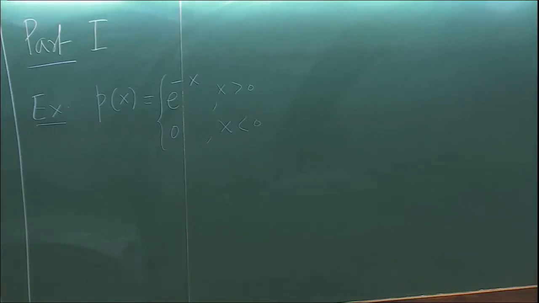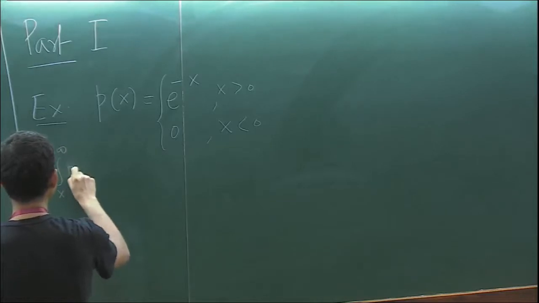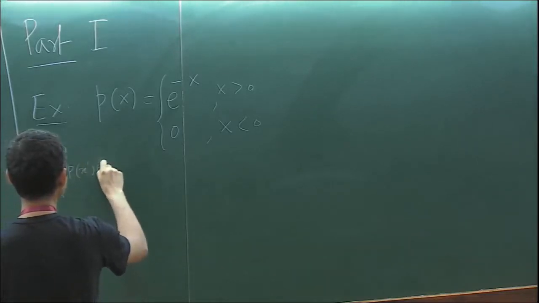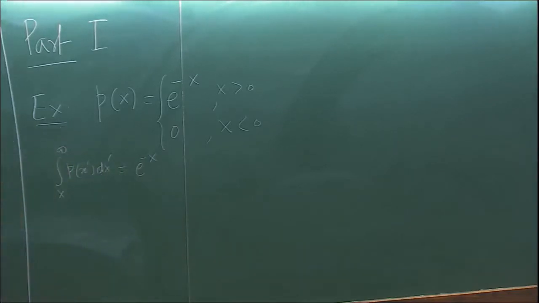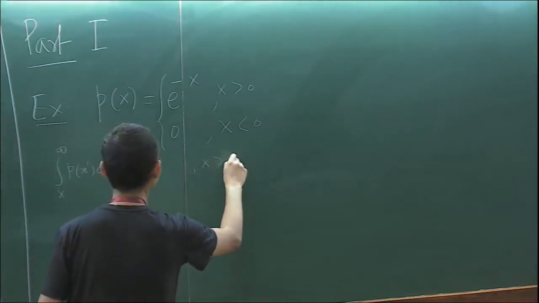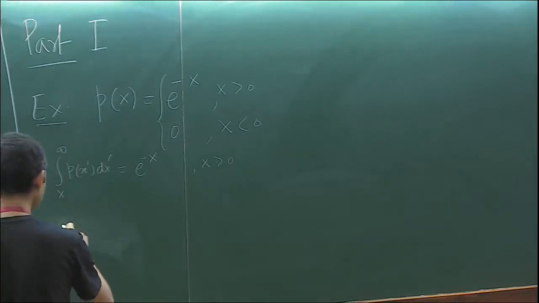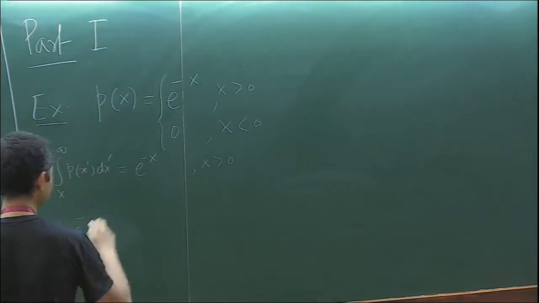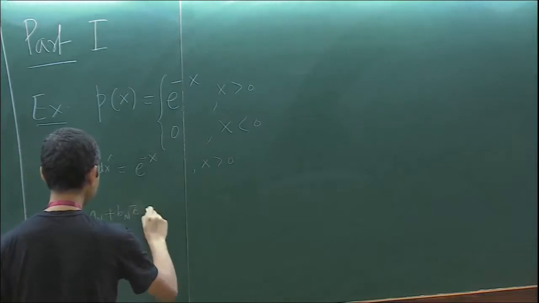This one is very simple, because the integral from x to infinity of p(x') dx' is again exponential of minus x, for x greater than 0. Then it's easy to see that this is n exponential of minus x, where x is just a_n plus b_n z.